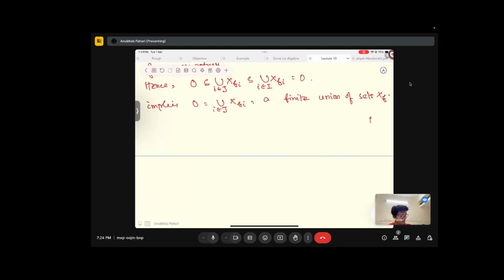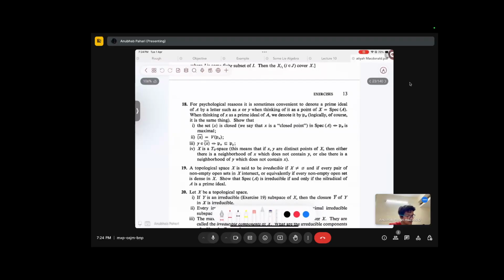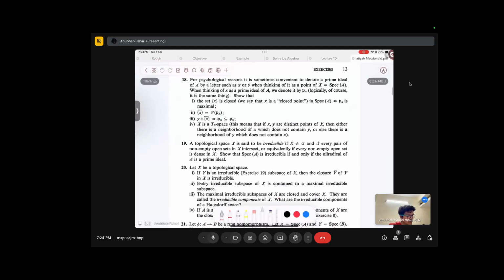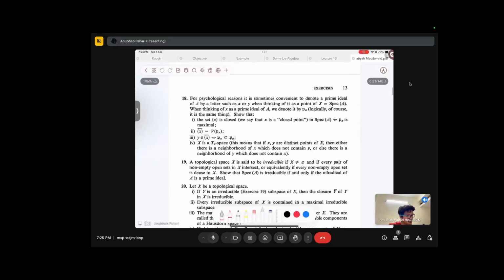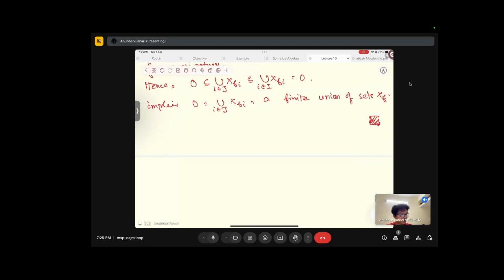Now, we are finally done with this big problem. We'll be doing problem 18 from Atiyah-Macdonald chapter 1, and then we'll be wrapping up for today. In the next class I'll see what I can do. Maybe I will do some problems from the third chapter. There are some beautiful Zariski topology problems that I did during my grad course.